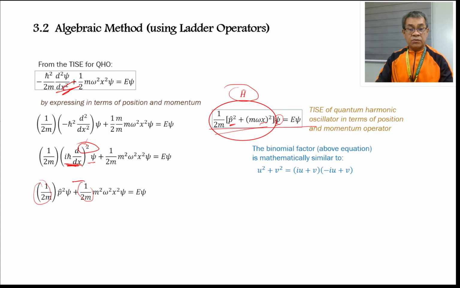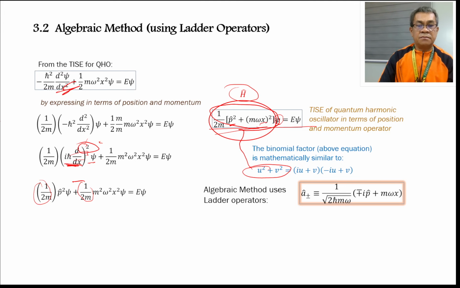When you look at this one, this is quite similar to what happened here, the p squared. So this is actually the algebraic method that uses the ladder operator. So meaning we have to use this ladder. This is now the ladder operator. We have a plus and we have a minus.